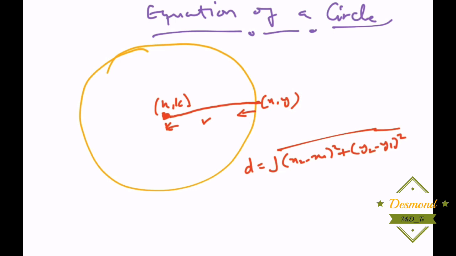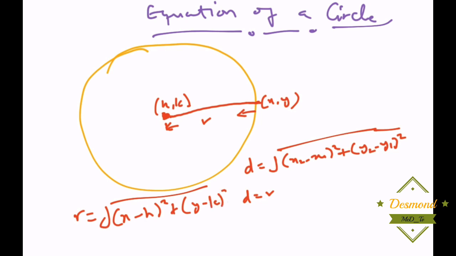In our case, D is the radius, and the points are X and Y and H and K. So we can rewrite the distance formula as R equals the square root of X minus H all squared plus Y minus K all squared.